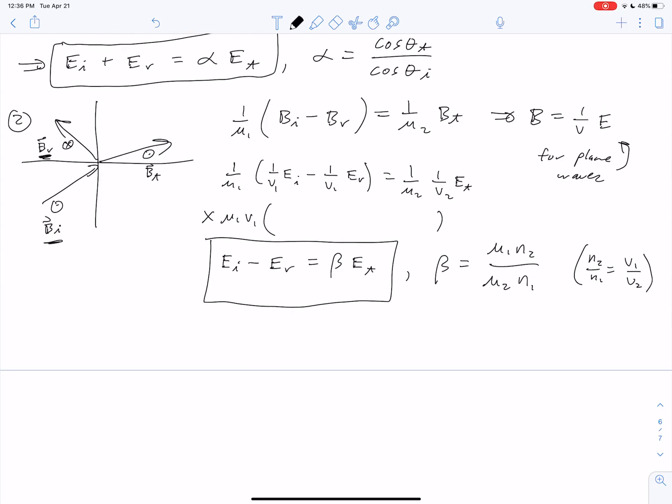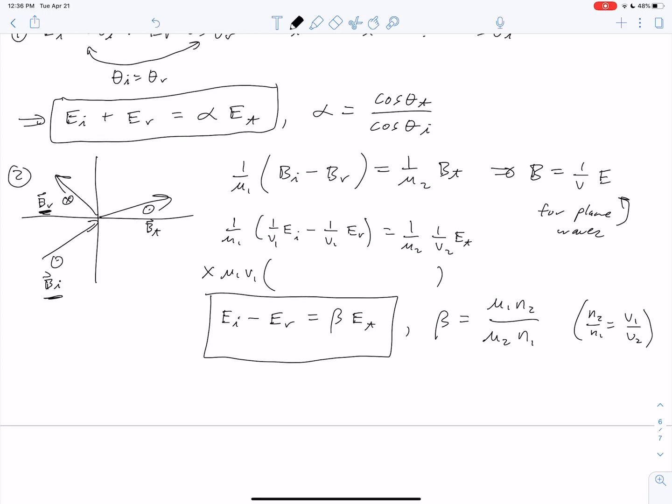Okay, so now we get these two equations. And this equation we get from the second boundary condition. So basically now this is really nice because we have two equations and two unknowns.